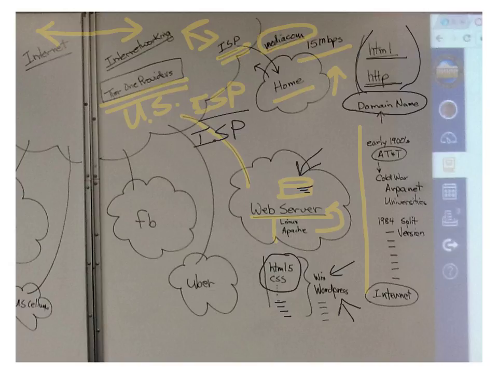Right. This part right here was a little bit of history on how we got to the internet, and I'll be very brief. AT&T was a monopoly in the early 1900s. The Cold War caused the government to create ARPANET and connected some universities, and they wanted to create this vast connection where if some disaster happened in one part of the country, it wouldn't cut off another part of the country.